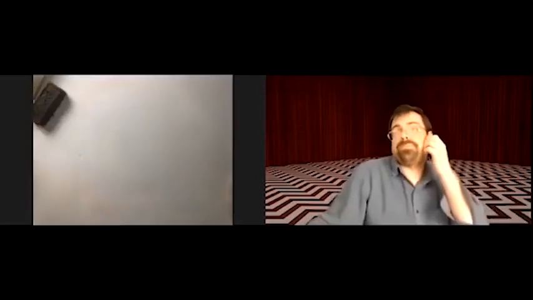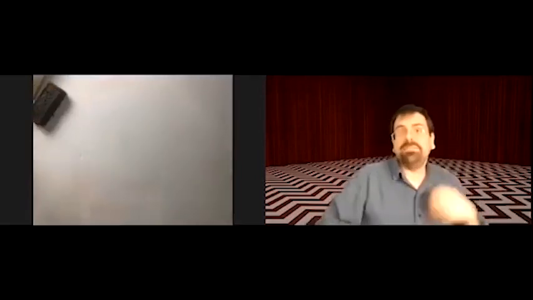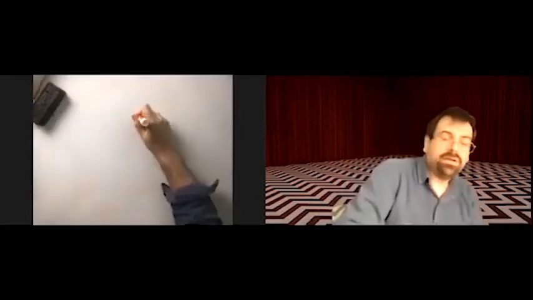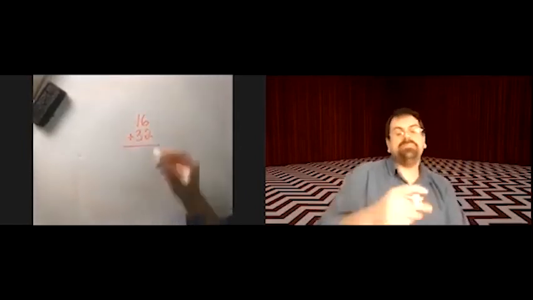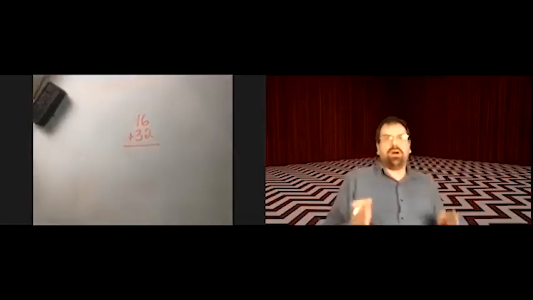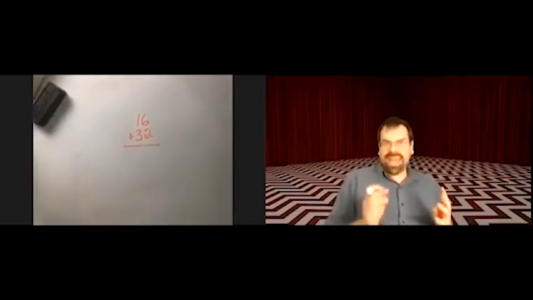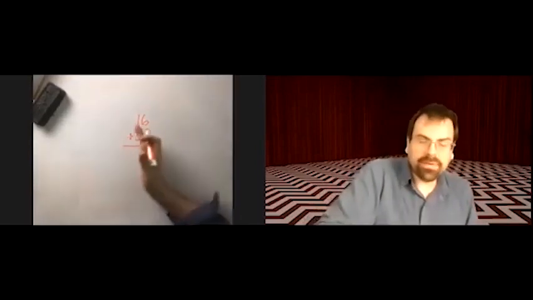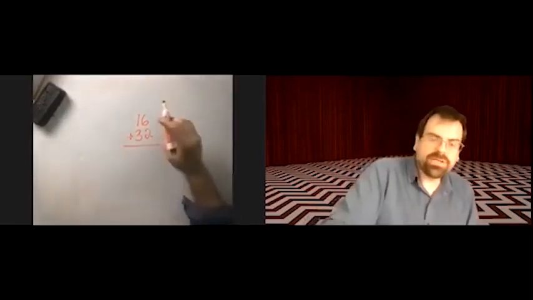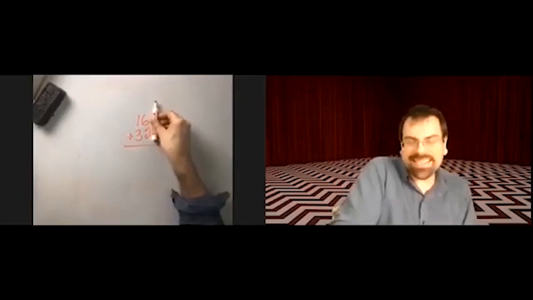Next up, let's look at addition. We have 16 plus 32. Our rules for doing addition by hand, because there's no calculators allowed in this class, is that we line up the numbers so that they all end in the same spot.